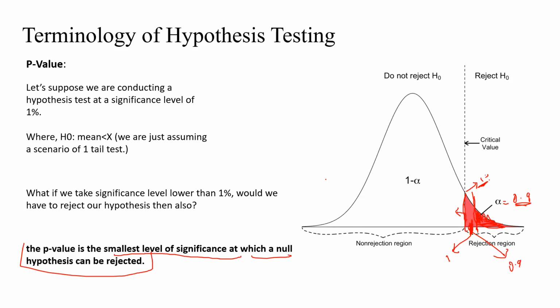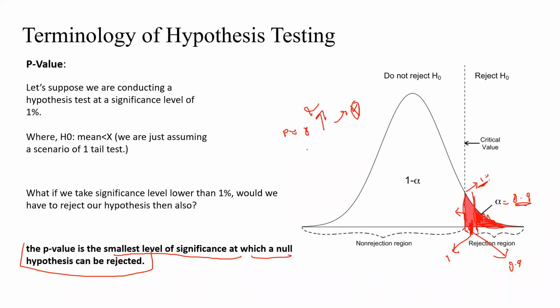Why do we want to know the p-value? Because of the logic we just discussed. If I know the p-value as some x, I can definitely know that for any alpha value greater than the p-value, my null hypothesis is always rejected, because of the same logic.